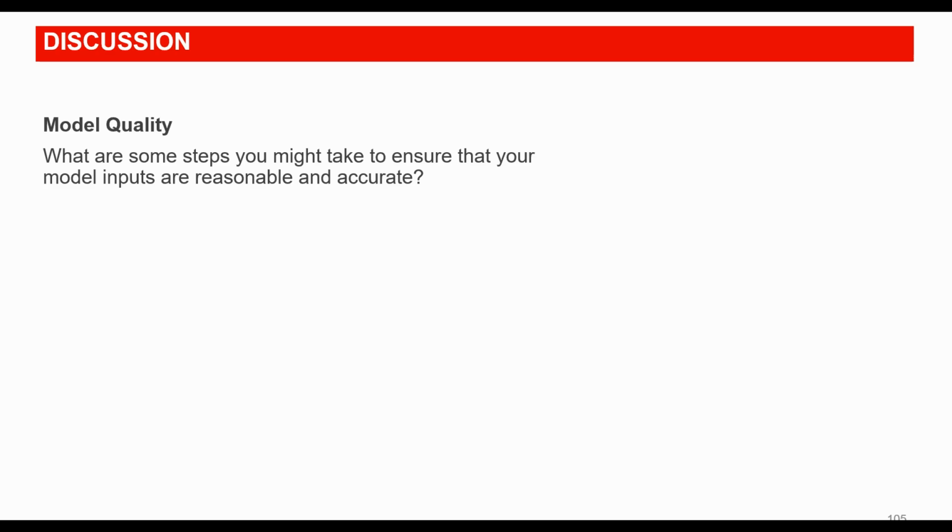So the best educated guesses that we can make, or whether you have design documents, making sure you translate those design documents correctly. Some things you might consider here is reviewing your input sheet with the design engineer and the owner and the architect, right? Have somebody else look at your model. If you're working in a team, have somebody else do a QC, right? Or have a third party look at it. And we'll talk more about some other things as well, but make sure you look at your outputs.